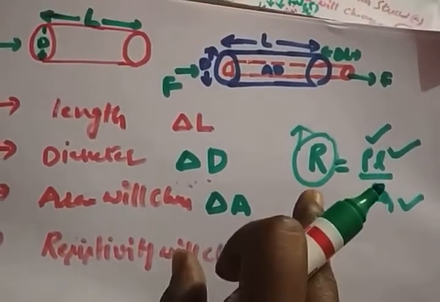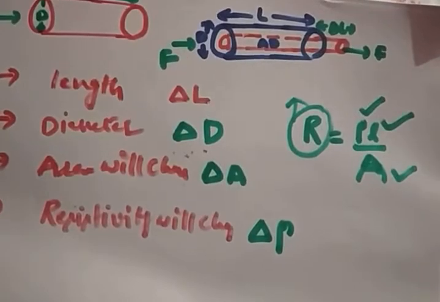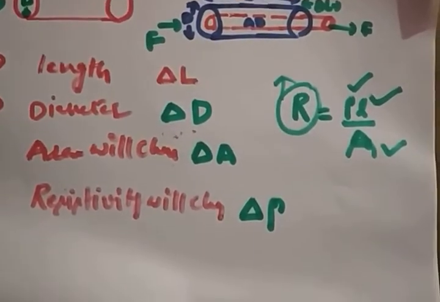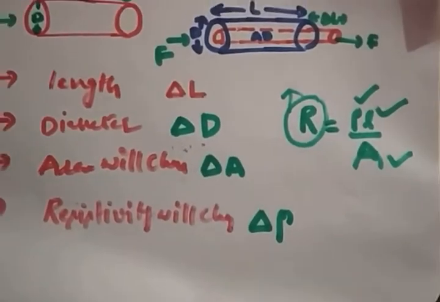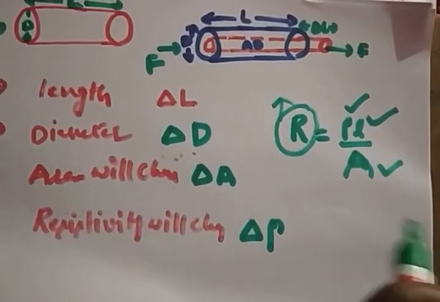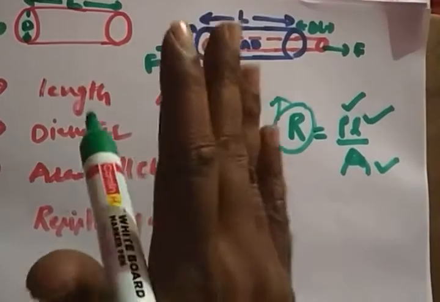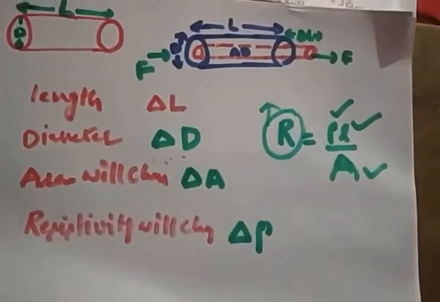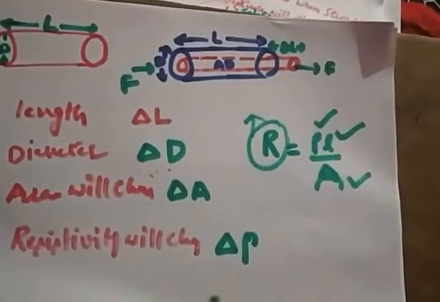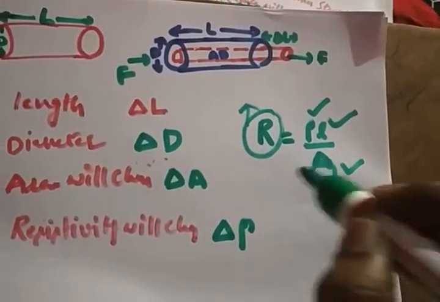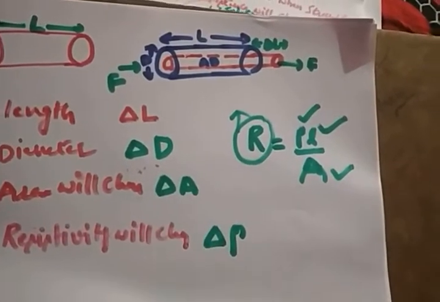How do you find the change in resistance? With the help of the Wheatstone bridge. The Wheatstone bridge will show a null deflection voltage. The bridge does not balance. Why? Because of the change in resistance. According to the change in resistance, the bridge null deflection will show some value of voltage.